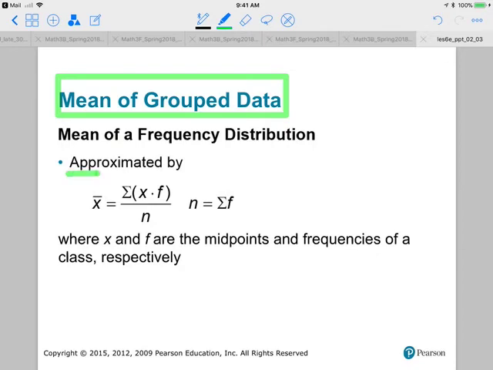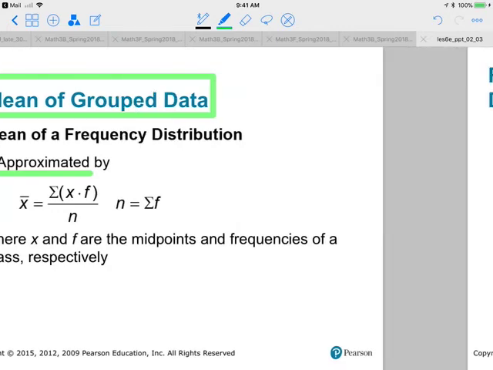In this case, the best you can do is approximate the mean because you don't know the original data. So what you do is use midpoints of your frequency distribution classes as representatives of your original data.